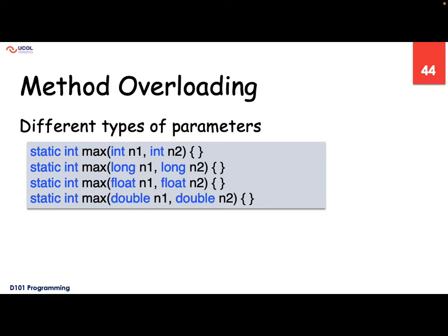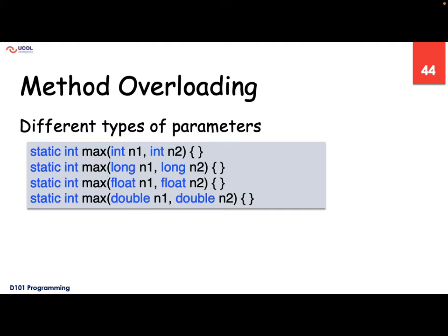It should return an appropriate return value as well. This one should be long, this one's return value should be float, and this one double, not integer, because the values are different, and then it will return the maximum value. So, 2 numbers and returning the maximum value.